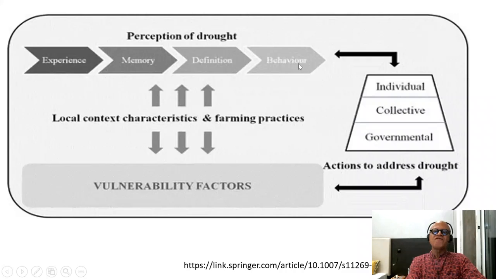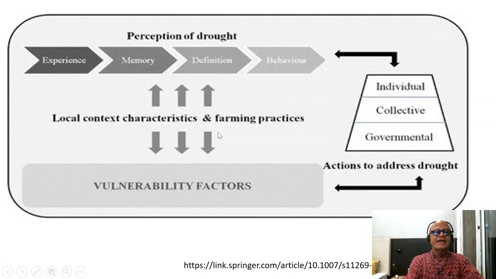For example, if there is an indication that a drought is setting in, based on the experience, the individual and local collective society or local government may begin to ask the national government for assistance, which happens a lot in places like Nordeste, where as soon as there is an El Nino prediction, people will say a drought is coming, so we need assistance to avoid mass migrations, abandoning of agriculture, and so on.